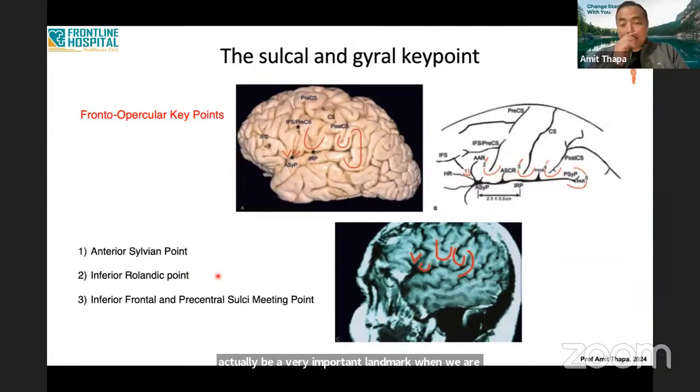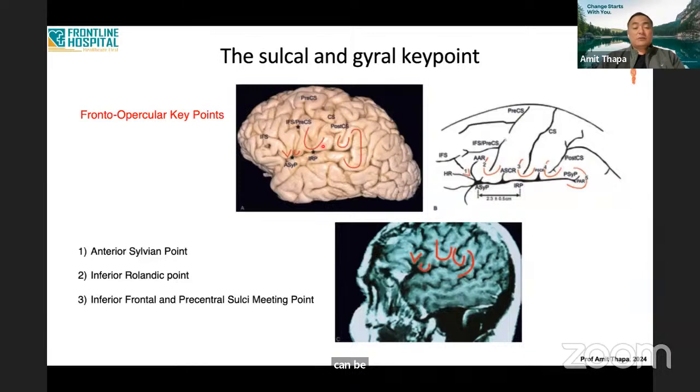Now, the confusion with the gyral anatomy is that the sulci forming the upper lip of the sylvian fissure can be very varied, as Dr. Ribas showed in his talk.